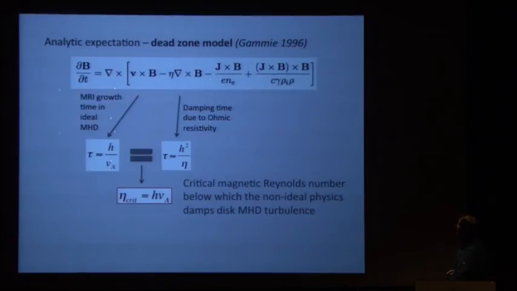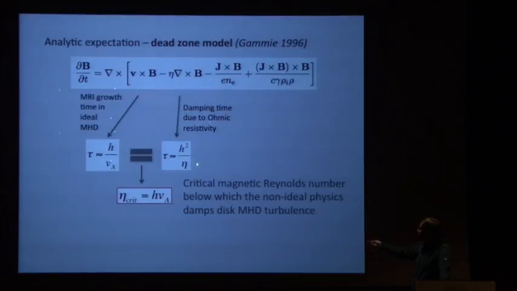So what you can do with a simple timescale analysis is to ask, if you had no non-ideal physics, how fast would the MRI grow? And the growth timescale is something like the scale we're interested in, which would be here the thickness of the disk, divided by the Alfvén speed, given some assumption about the magnetic field strength. And you can then compare that to the damping which would come from this ohmic resistivity, which is a diffusive process, which would be something like h squared over eta, where this is the resistivity.